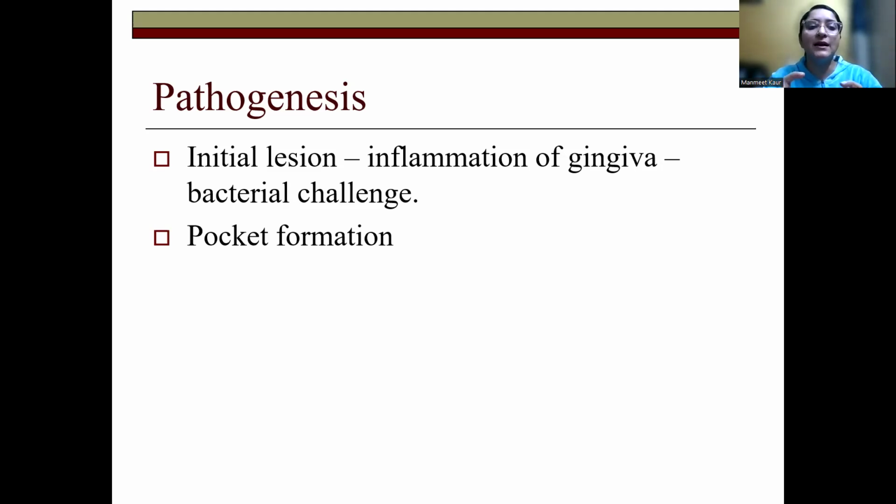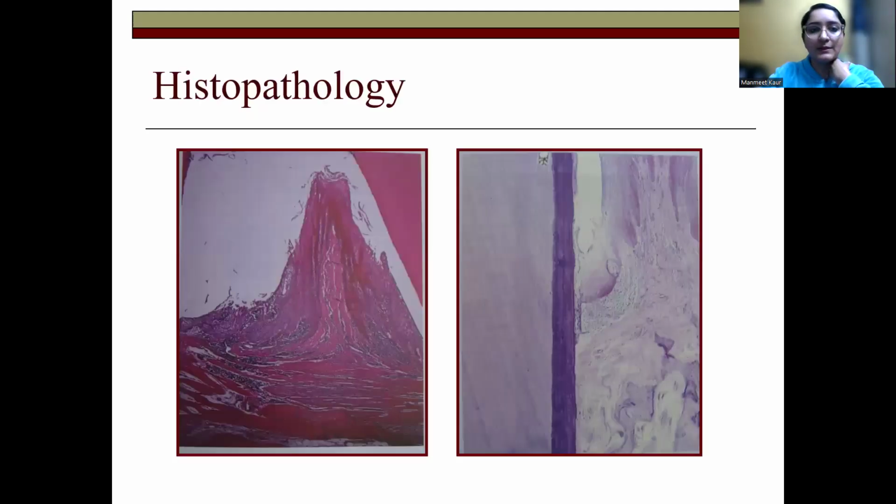When the neutrophil volume becomes 60% or more, gradual destruction will start. Destruction of the junctional epithelium will start from the coronal end, and then there will be pocket formation. This is a very important feature of periodontal pocket pathogenesis: the volume of neutrophils should be more than 60%.